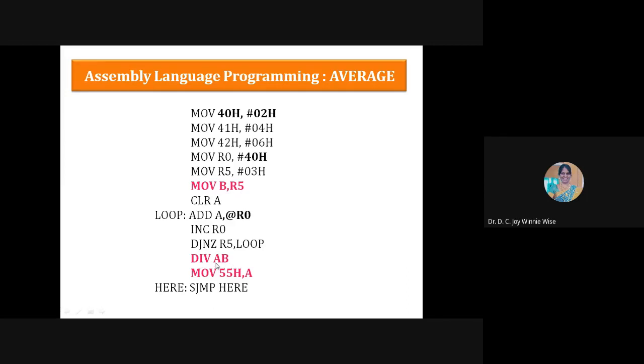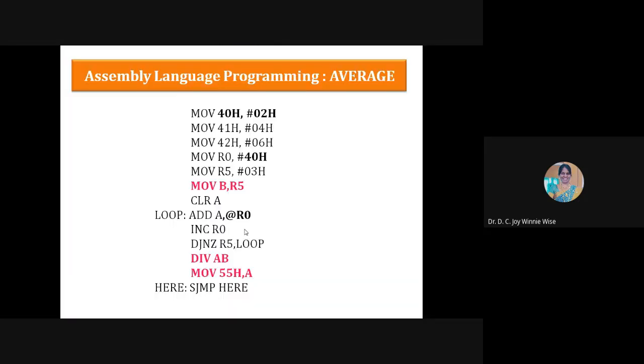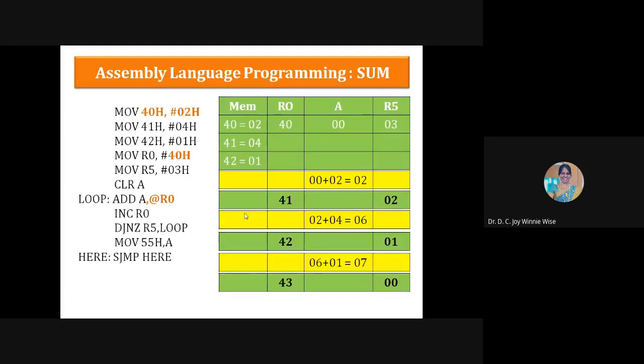The accumulator content will have the sum and B is the number of data. Once divided, we get the output as the average. So I just added these two instructions. That's all. I hope you understand. So like this, you have to write the program also.